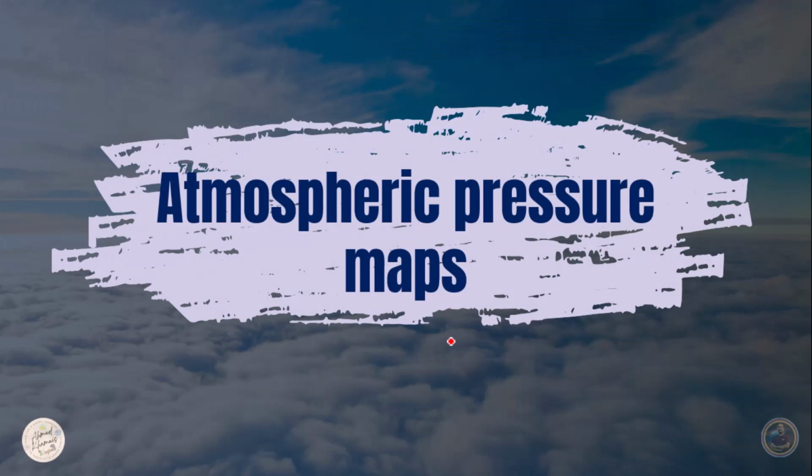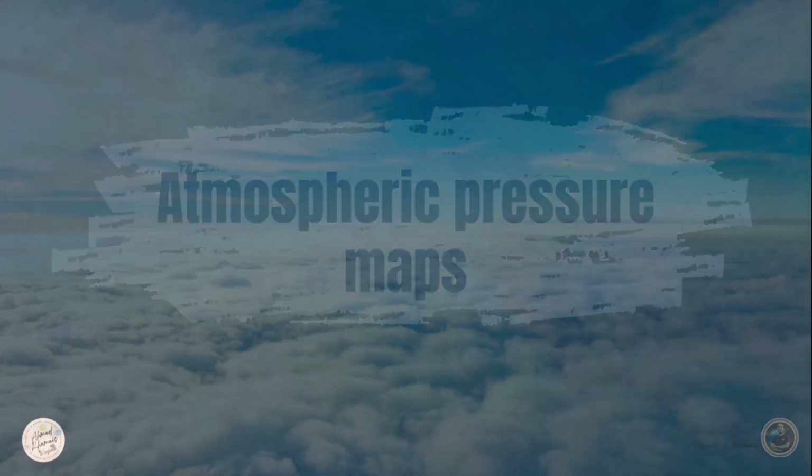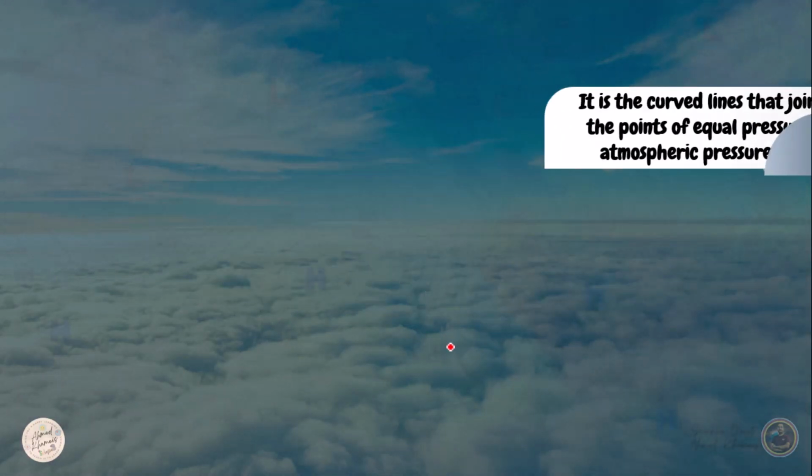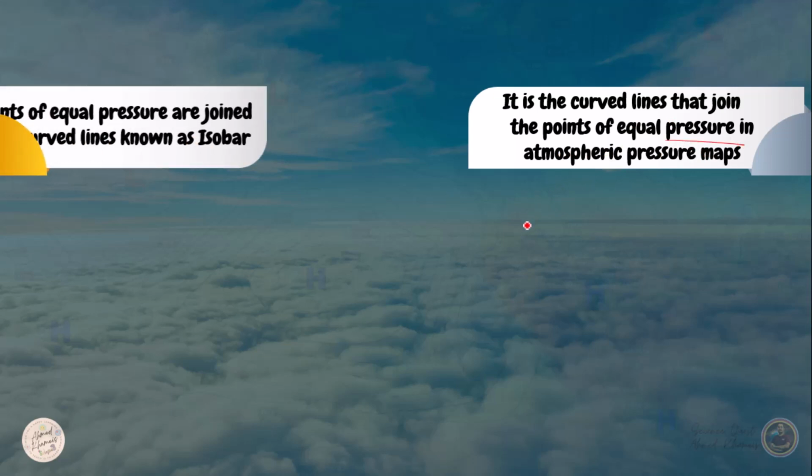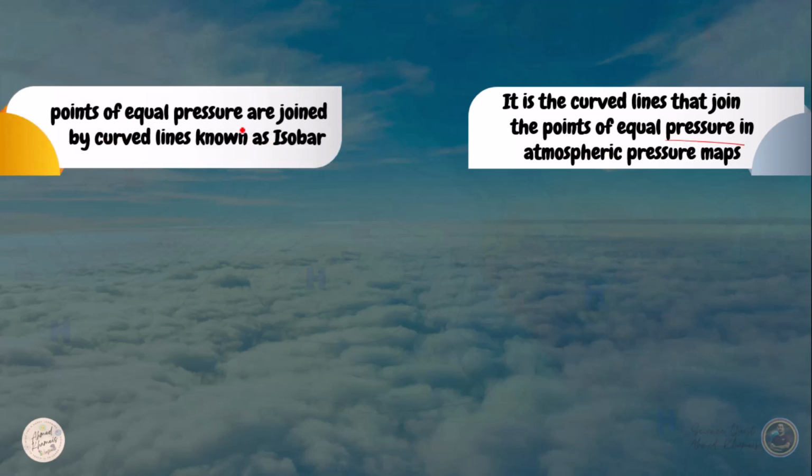Second, we have the atmospheric pressure map. The atmospheric pressure map shows curved lines joining points of equal pressure. The points of equal pressure are joined by curved lines known as isobars.